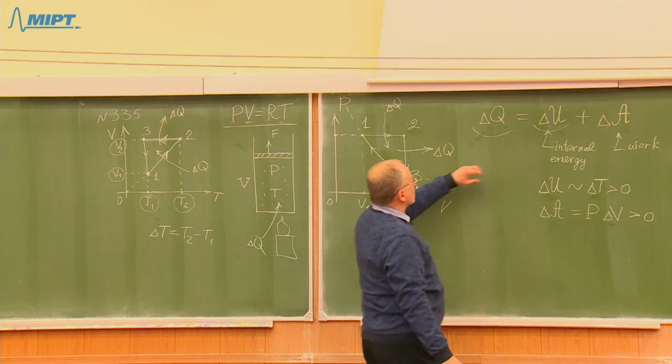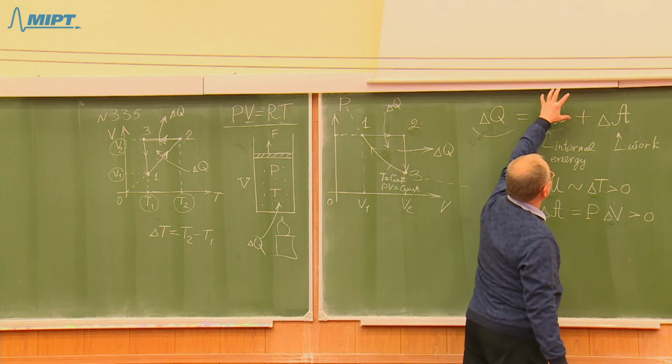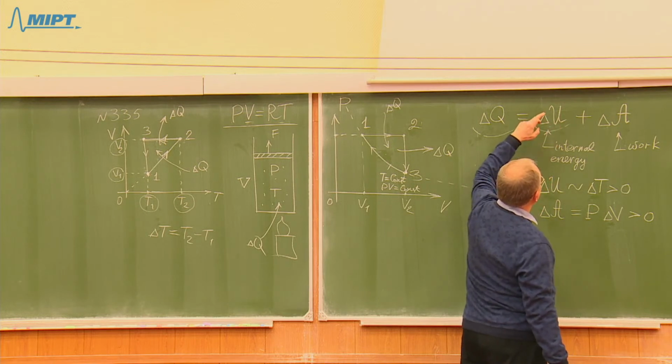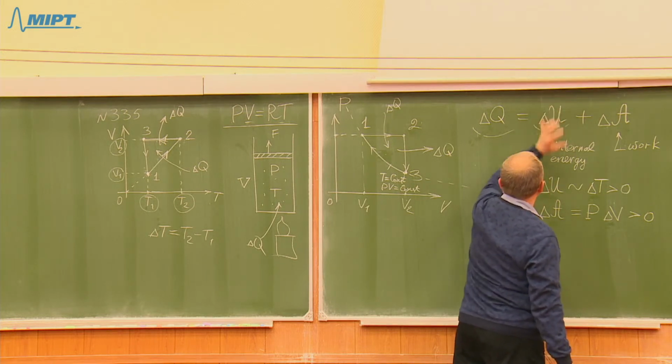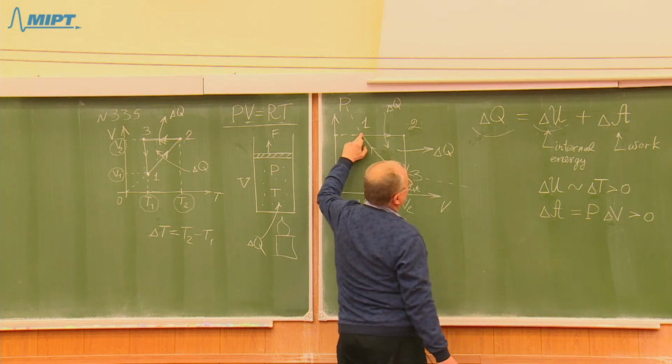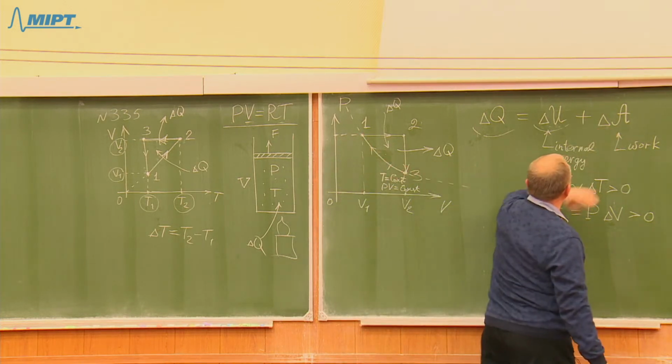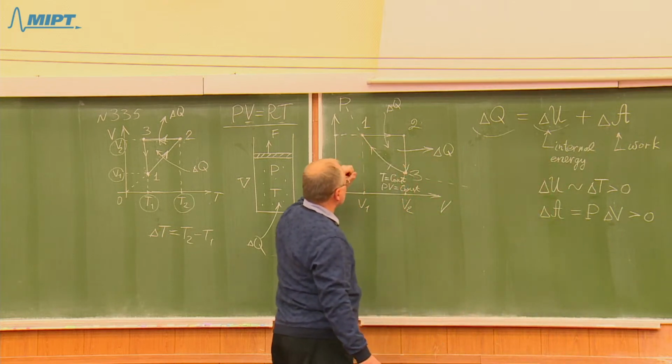The internal energy does not change, so the change of internal energy is 0. And so we have to consider only the work performed by the gas in the process 3-1.